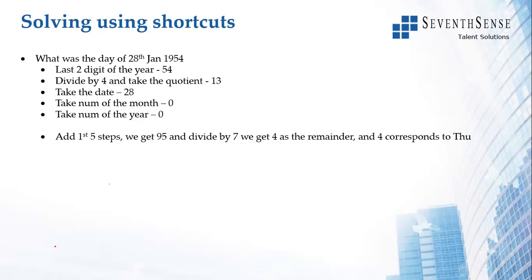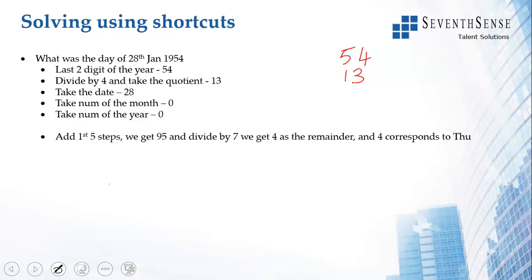And 95 you divide by 7. So 95 divided by 7, you will get 4 as the remainder, and 4 according to our day code corresponds to Thursday. So I repeat: you take the last two digits of the year, 54. Now divide 54 by 4 and take the quotient. We got 13.